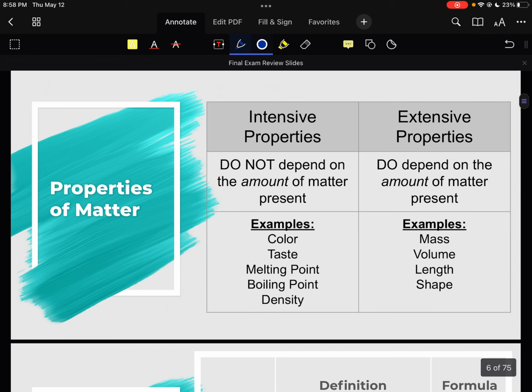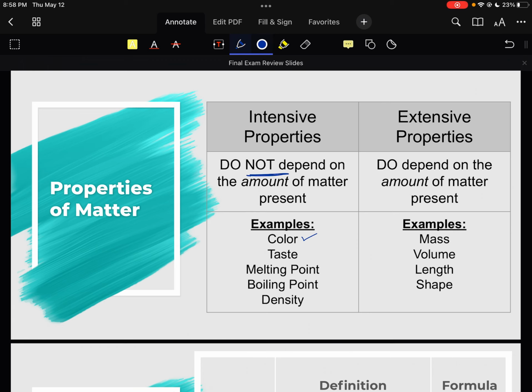Intensive and extensive is very important. So intensive, you can think about it like internal. So it does not depend on how much matter it has. It's not going to change that property. If I have a little bit or a lot of it, it's an internal property, an intensive property that isn't going to change. So it could be something like color. Like you have a white piece of paper.